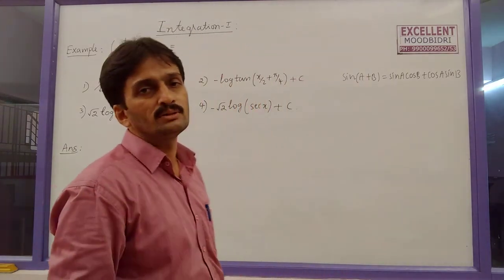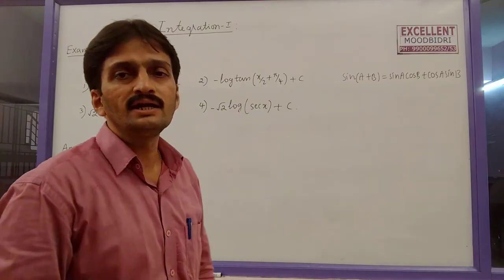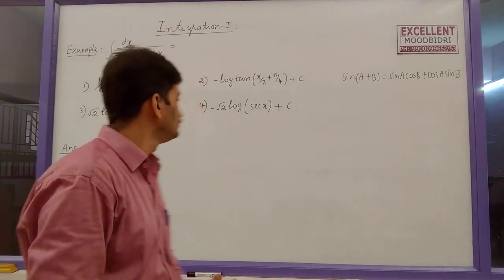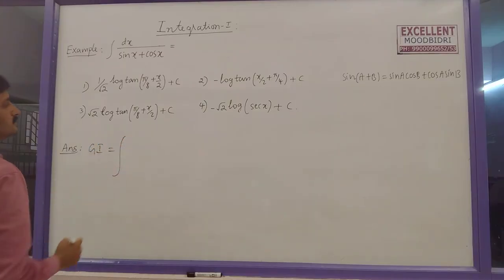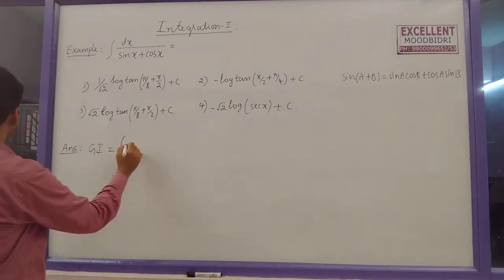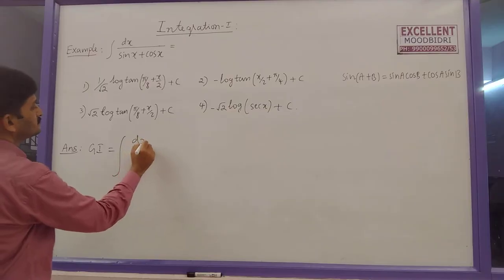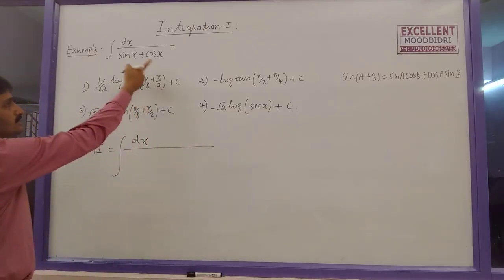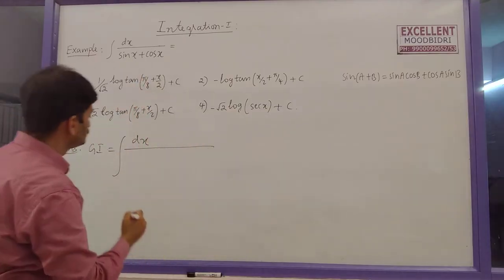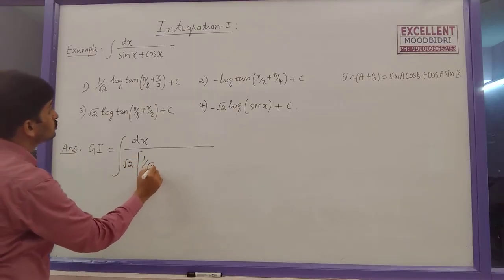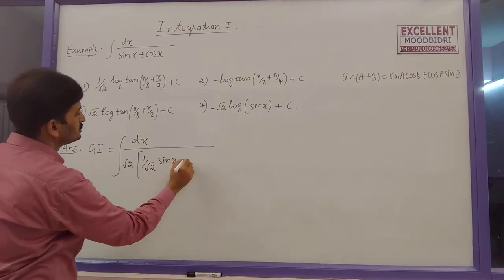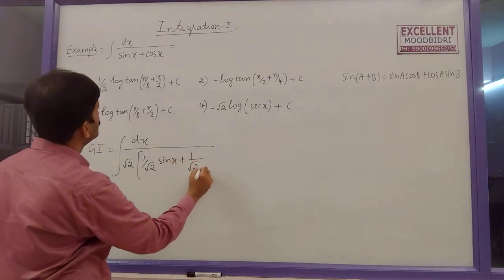For that you should do some trick. Multiply numerator and denominator by root 2. So given integral equal to dx by, now the denominator can be written as root 2 into 1 by root 2 sin x plus 1 by root 2 cos x.